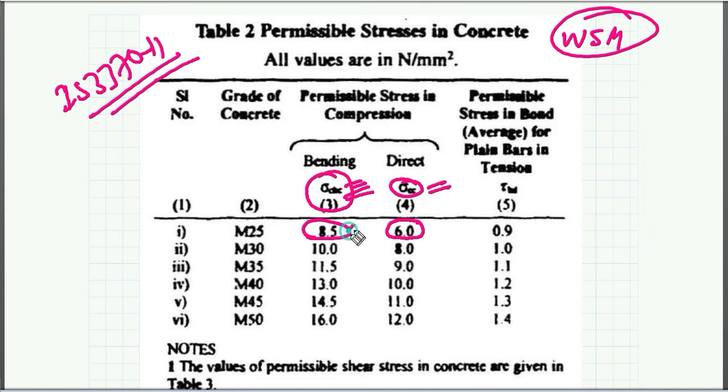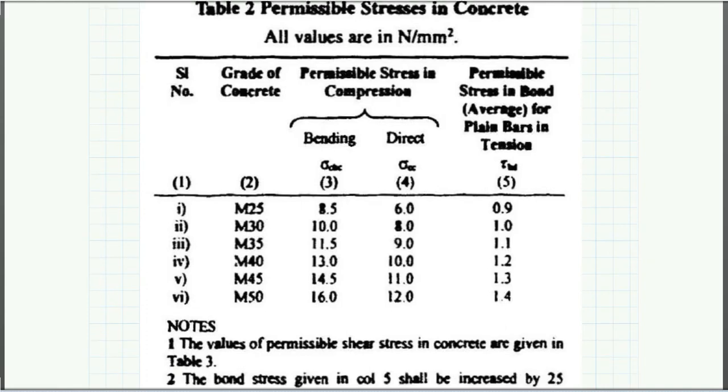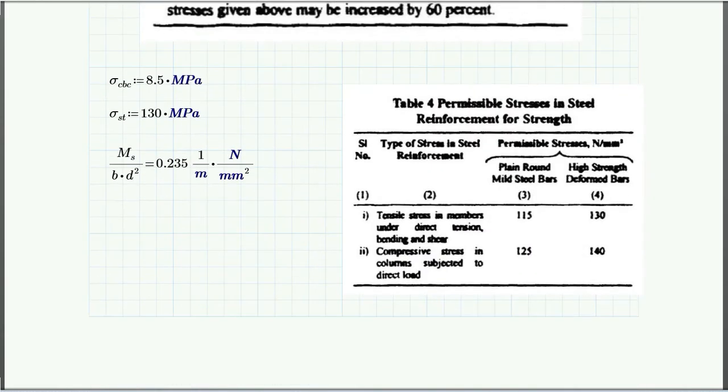These values are important. We will take these values as well as some other tables in IS 3370. Permissible stress in steel for tensile strength in members under direct tension and bending for high strength deformed bars is 130. So sigma CBC from Table 2 is 8.5 MPa, and sigma ST from Table 4 is 130 MPa.